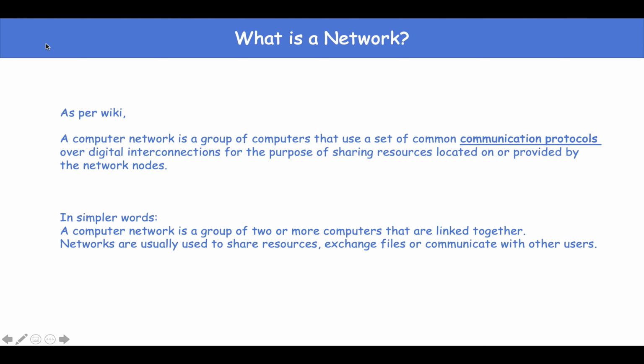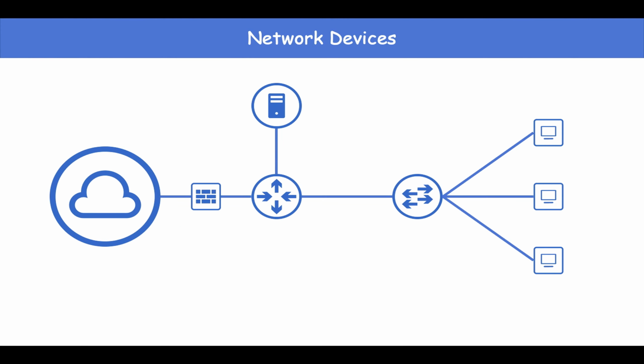In simpler words, a computer network is a group of two or more computers that are linked together with cables, such that they can share resources and exchange files or communicate with each other. Each of these devices are fundamental building blocks, and we will learn in detail about all of these devices and their functionalities, how to configure them, and troubleshoot them during the duration of this course.